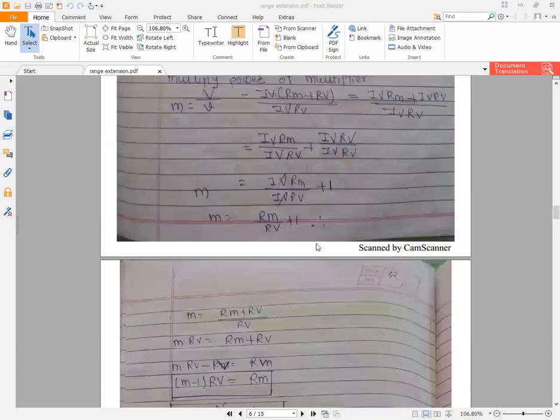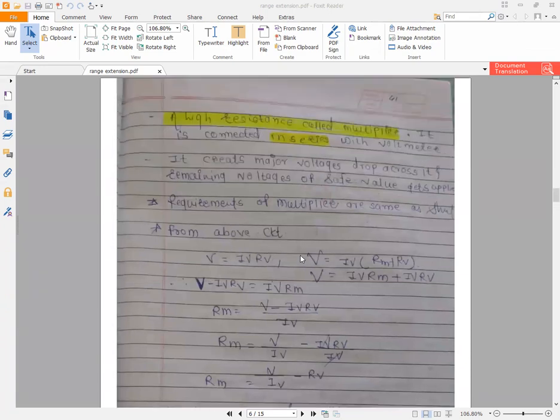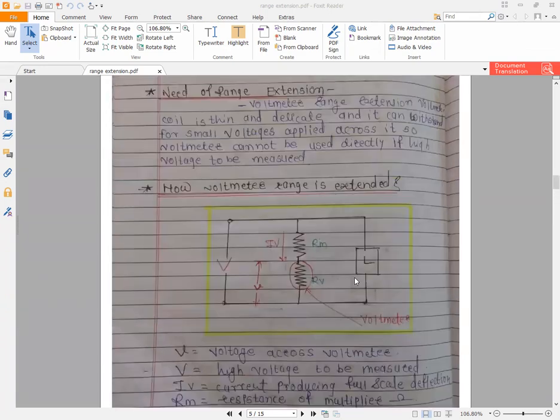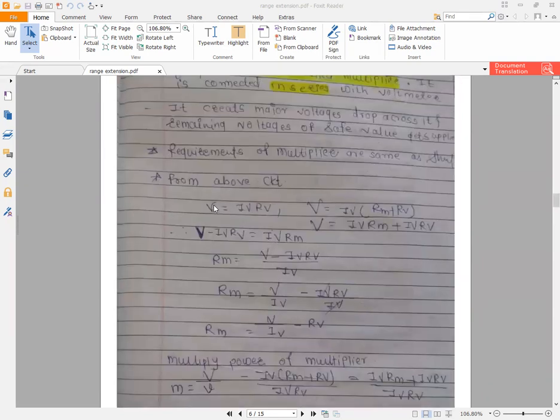So next, corresponding to this, we have to derive the formula. From the above circuit, we can write the small voltage across the voltmeter coil and the total voltage across the load.